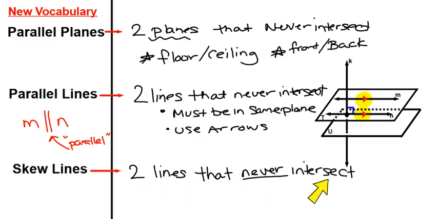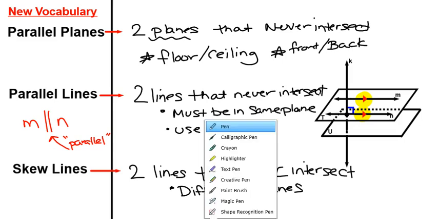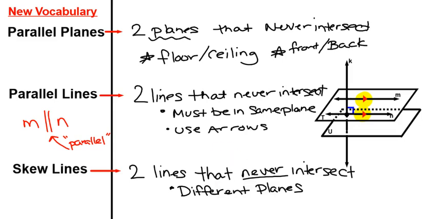The difference is that these 2 lines have to be in different planes. So let me highlight that. Skew has to be in different planes, and parallel has to be in the same plane. Otherwise, they're 2 lines that never intersect.